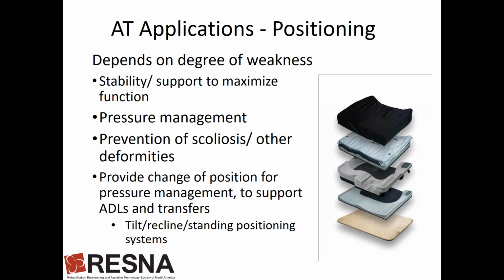Positioning is important because they have the sensory loss. You always want to make sure that you get that nice stable base of support. The piece with multiple sclerosis is that even though they have sensory loss, they still have sensation. So being able to make sure that they're receiving the pressure management, but they're also tolerating being able to sit in the cushions.